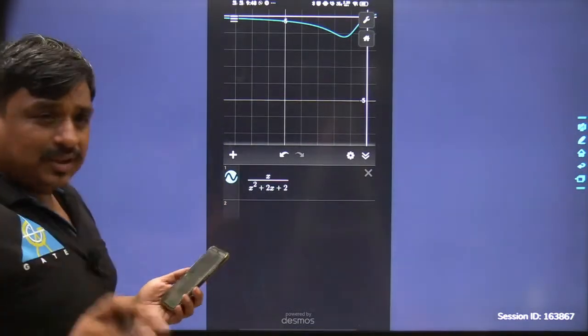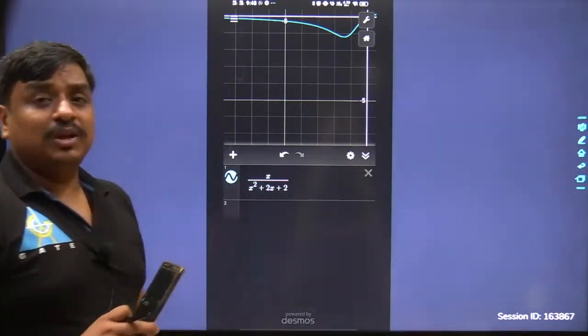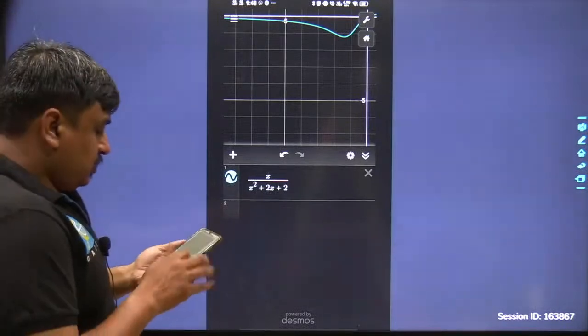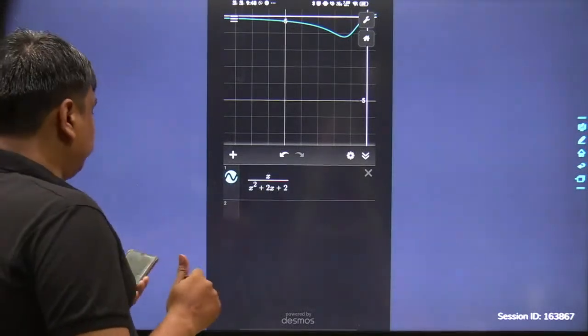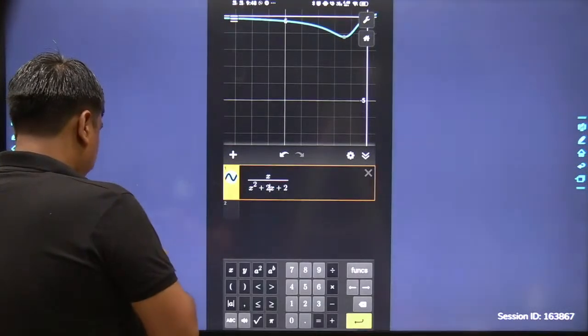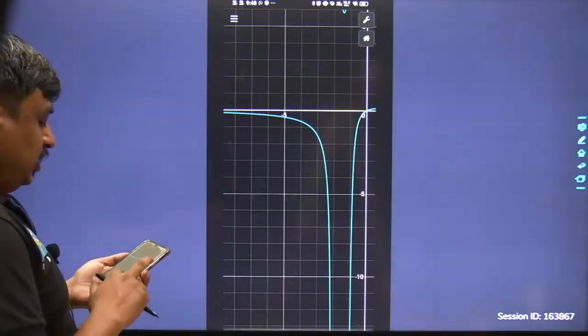The polynomial in the denominator has changed a bit. Now that it has changed to x square plus 3x plus 2, again you can see the discontinuity has formed.